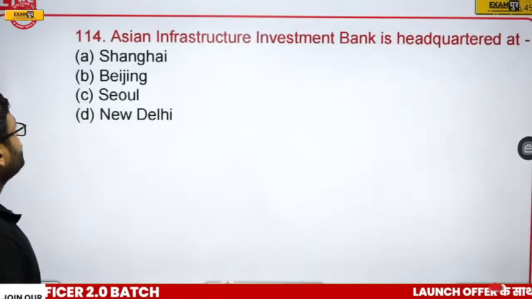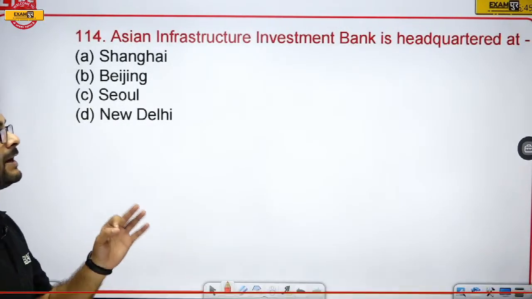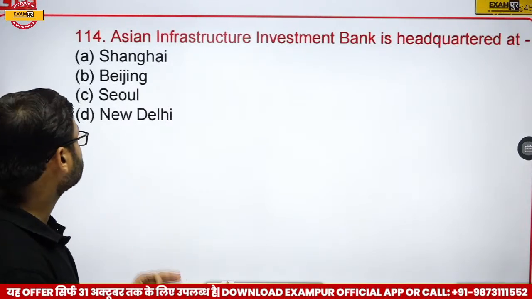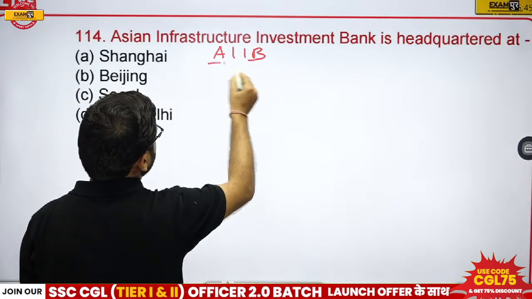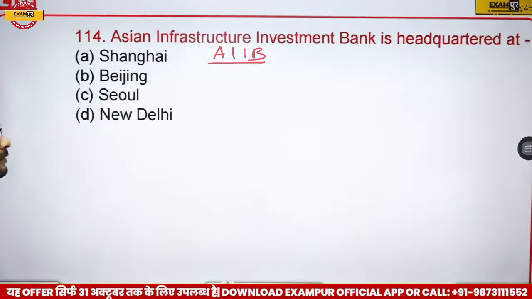Now let's move to the next question. The Asian Infrastructure Investment Bank, known as AIIB, is headquartered at Shanghai, Beijing, Seoul, or New Delhi?